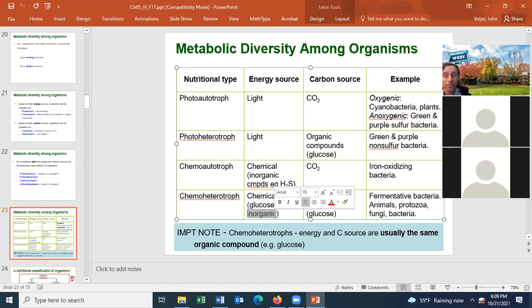There are some chemosynthetic bacteria which can utilize a different molecule and get their energy needs from a chemical compound, and it's usually an inorganic chemical compound.